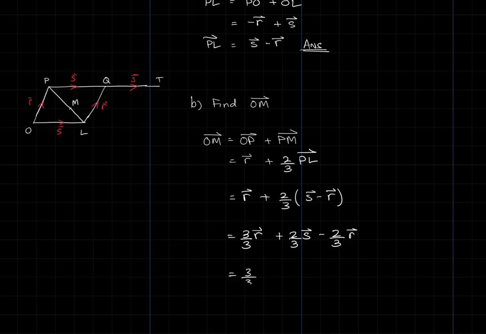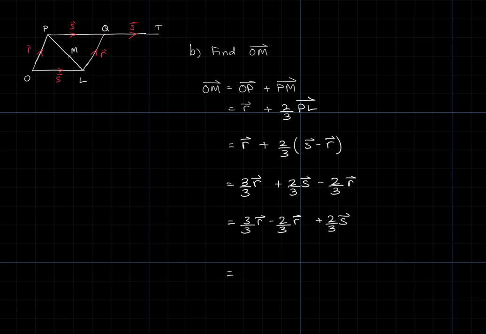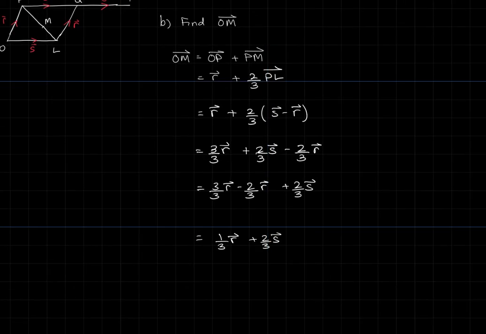So we have 3/3 R minus 2/3 R plus 2/3 S. 3 minus 2 gives us 1/3 R plus 2/3 S. Okay, and now I can factor out 1/3, and I'm left with R here and 2S. Can test it. 1/3 times R gives me the 1/3 R. 1/3 times 2S gives me the 2/3 S. So that is what OM is.